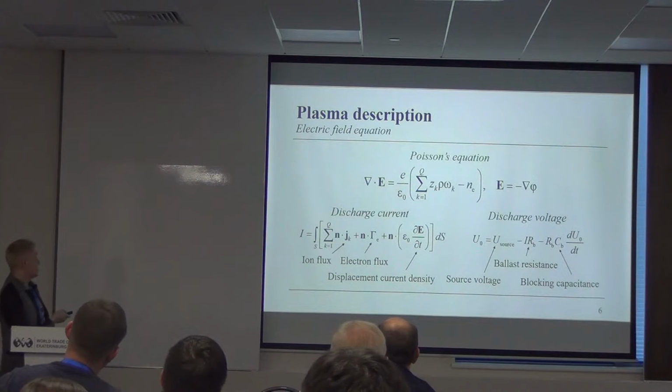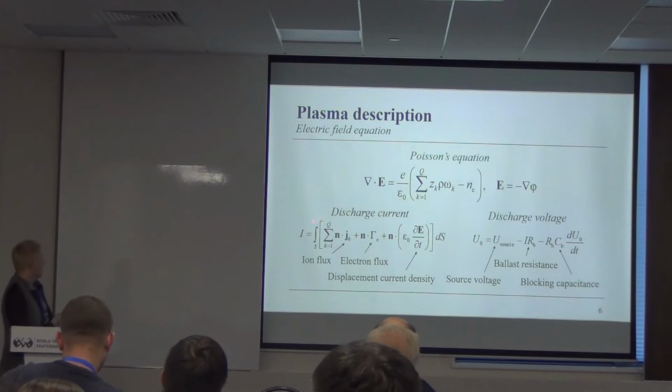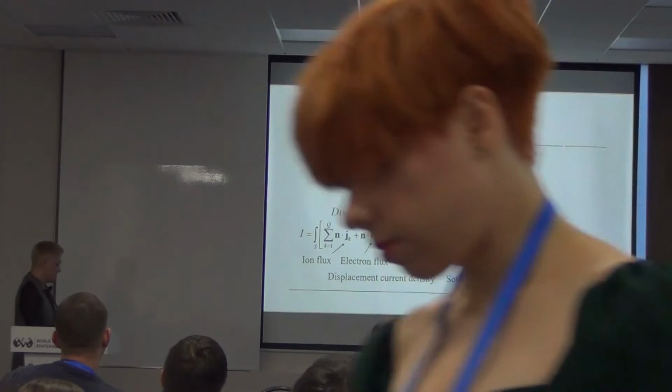The continuity equations are coupled to the Poisson equation self-consistently, and global variables such as discharge current and voltage are determined by these formulas.